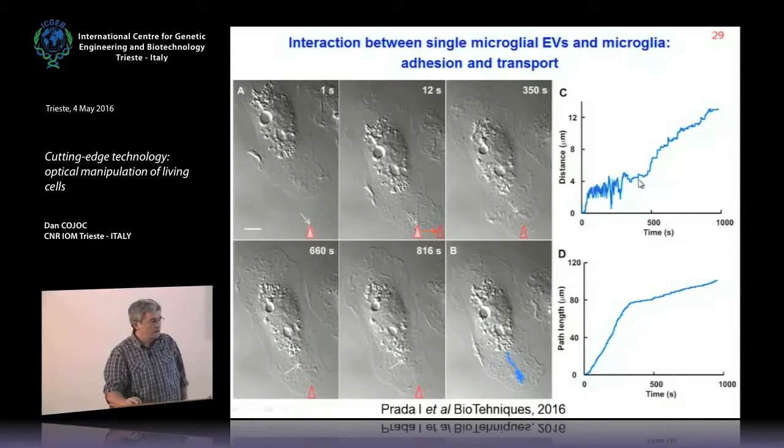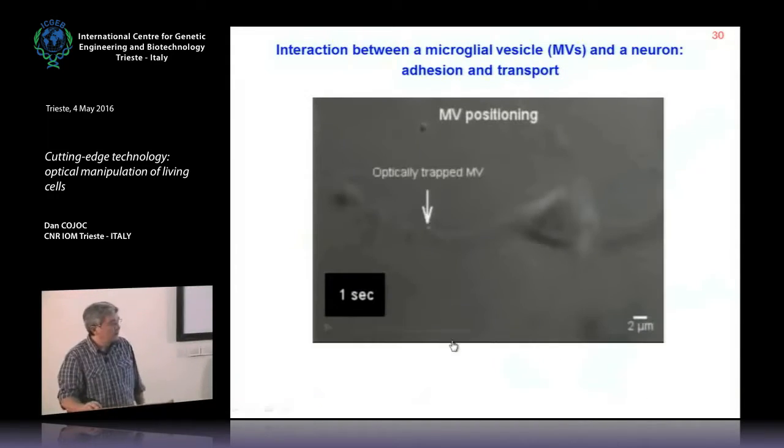Then we look at how it moves. It's a blue track. At the beginning, it moves around the same position. As you see, it moves quite a lot, but the distance to the original position remains reduced, and then it goes towards the cell body, and this is repeated for more elements.